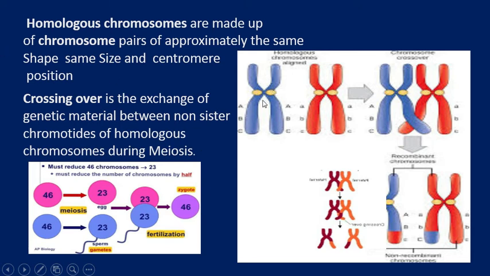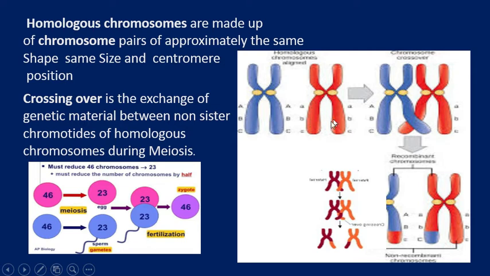You can see here, this is one set of chromosomes, and these two are called sister chromatids. These two blue are sister chromatids, and these two red are sister chromatids of these chromosomes. Now you can see here A, B, C, capital and small letters.